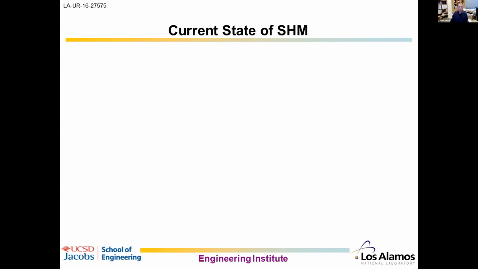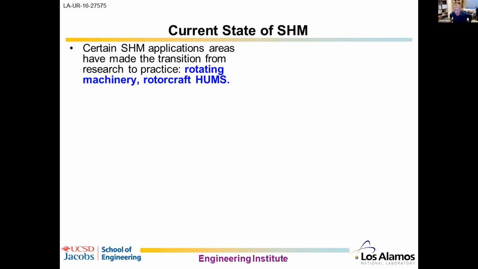Okay, so where are we at right now? And so I would say in certain areas, structural health monitoring, although it doesn't go by that name in some of these areas, has made the transition from research to practice. And the big one is condition monitoring of rotating machinery and the health and usage monitoring systems that are used on rotorcraft.